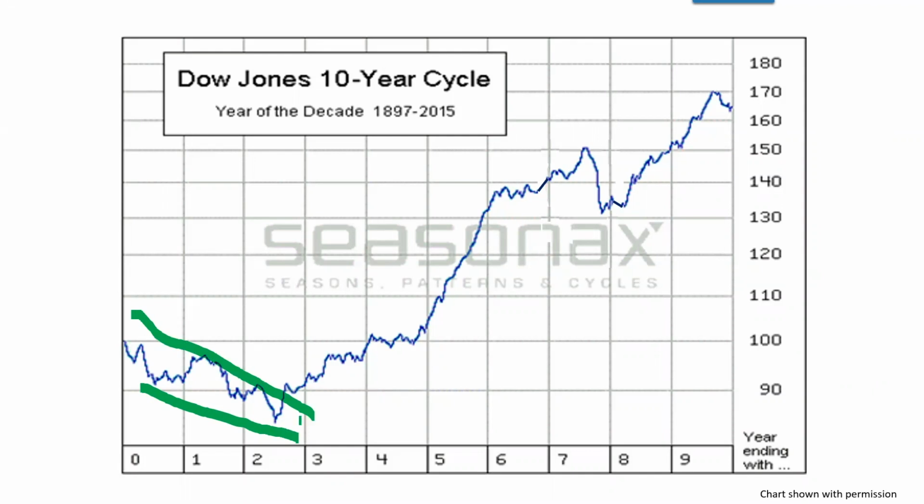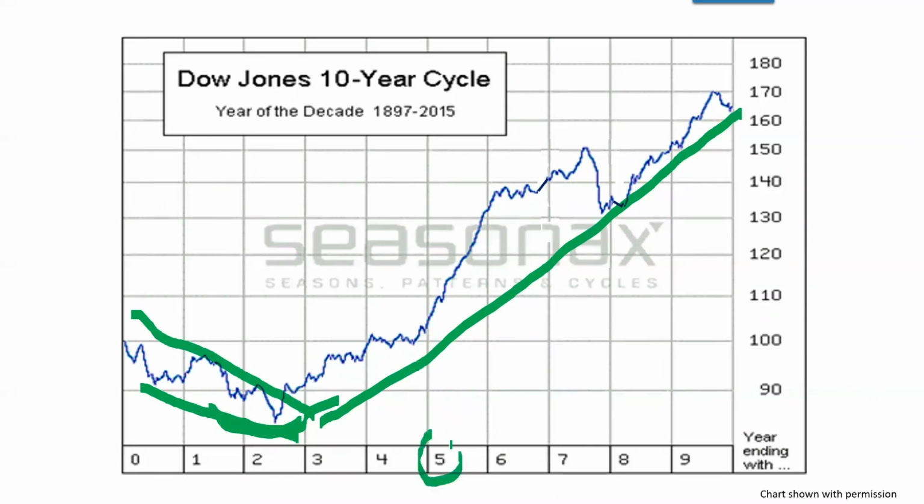Then starting in the 2 year, a base is produced generally, and an uptrend takes place that really oftentimes goes right through the end of the decade. The best year historically has been the 5th year.